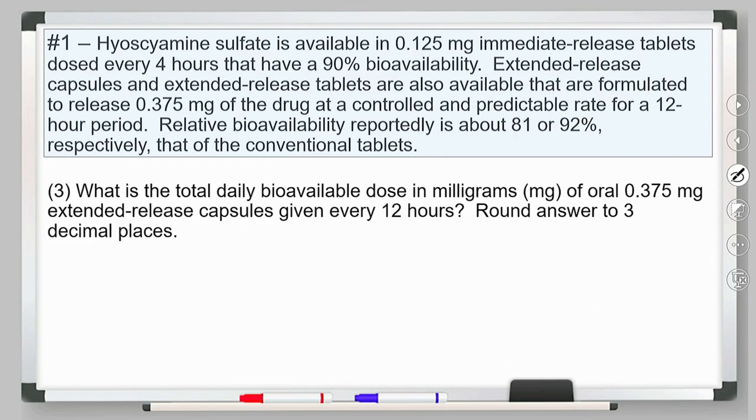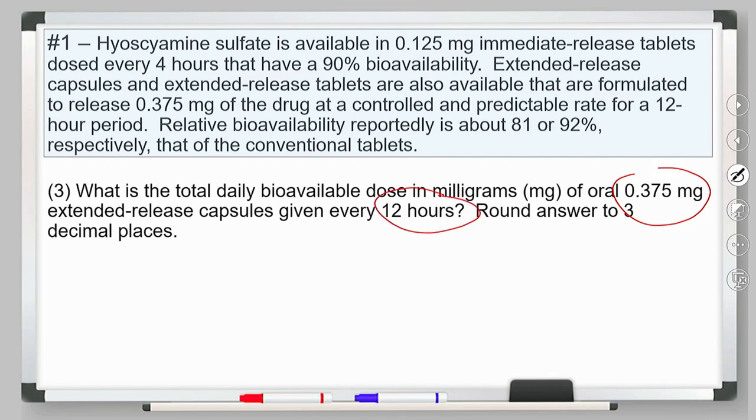Now that we know that, we can calculate, doing the same thing we did with the first original one, what is the total daily bioavailable dose now of the extended release capsules? We just calculated its bioavailability at 73%, or a factor of 0.73. We know it's dosed at 0.375 milligrams every 12 hours.